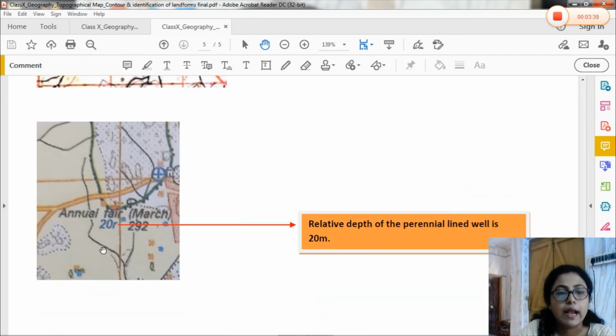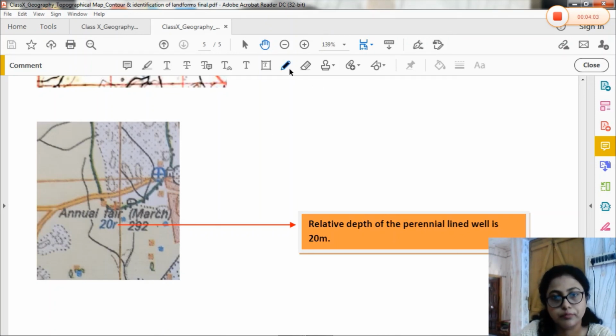And last one, you just see the blue color matter. I told you, when it is written in blue color, that means it shows the relative depth. Whatever value is given, 20 meters or 10 meters, mostly you can find this blue color letter written beside the lined wells.